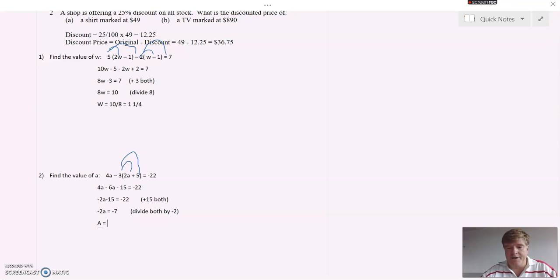So negative divided by negative gives a positive. 7 divided by 2 also equals, if we want to simplify that fraction, 3 wholes and 1 half. 3 1/2. 7 over 2 is still a very good answer. But if you can recognise that 7 over 2 is more than 1, we can simplify that fraction a little bit further.